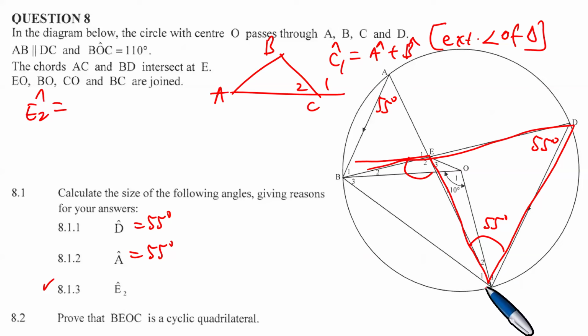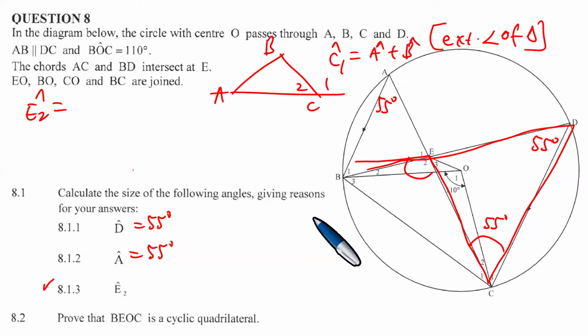So we can say B1 equals D. And then E2 is actually the same as B1. So the angle E2 can now be found in a couple of ways.